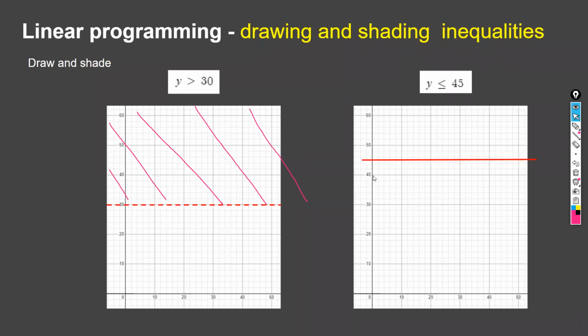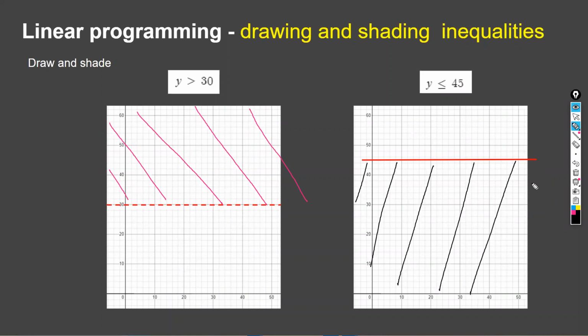Now, 45 is in between 40 and 50, and it's a solid line, and it's less than. So we have to shade below. I suspect everyone got it correct. Take 20 seconds and we're moving on.